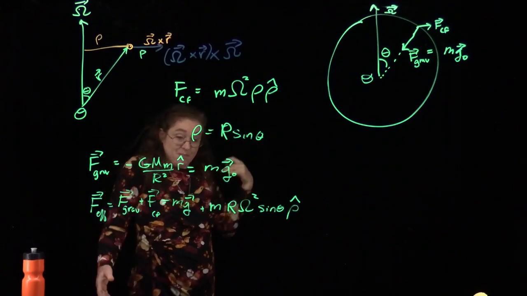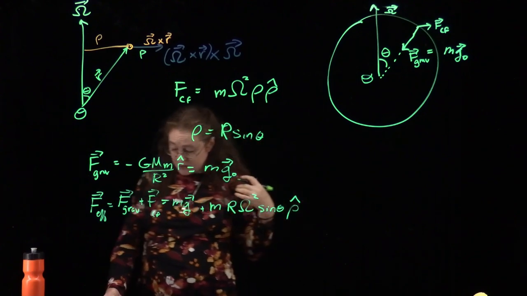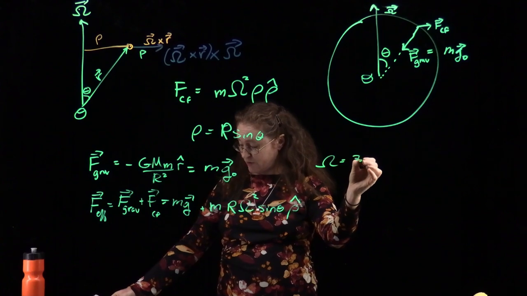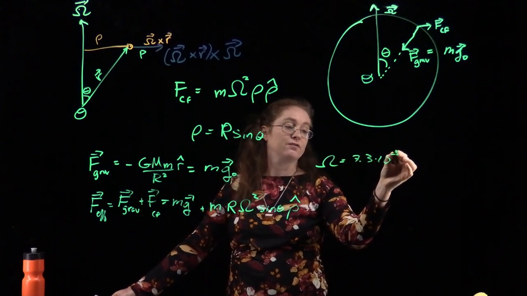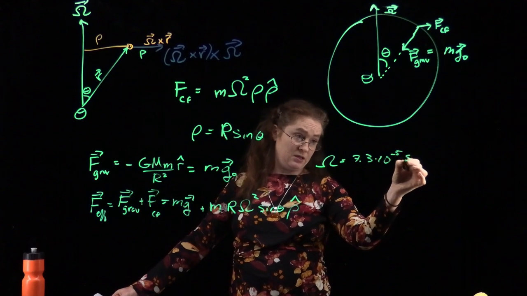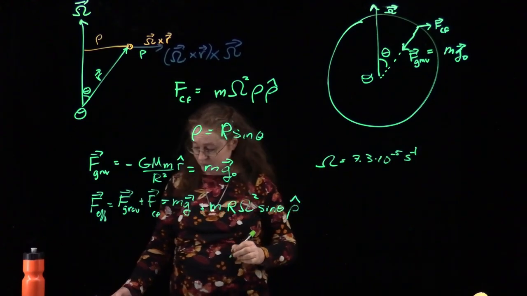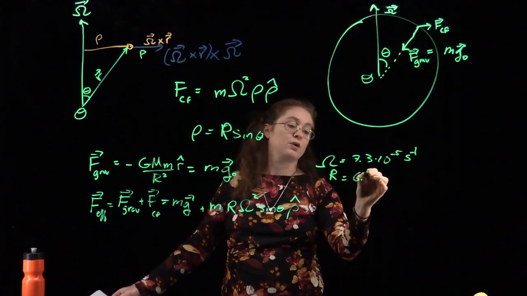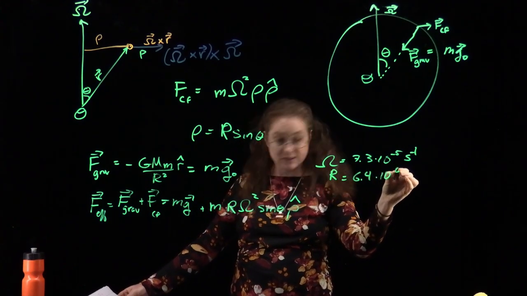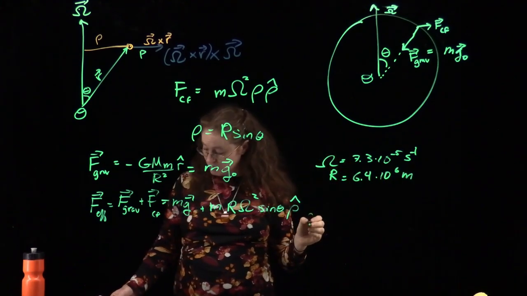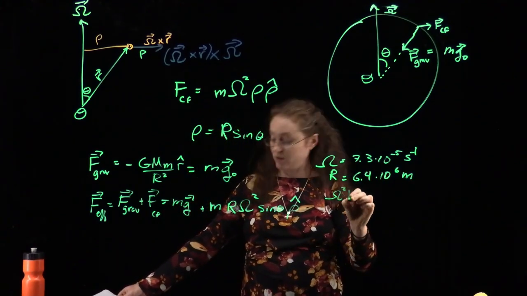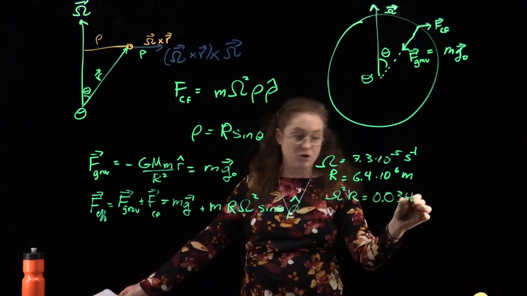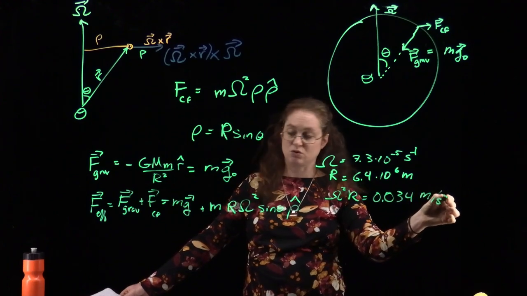Now, in practice, because omega is 7.3 times 10 to the negative fifth hertz, and r is 6.4 times 10 to the sixth meters, omega squared r is 0.034 meters per second squared.